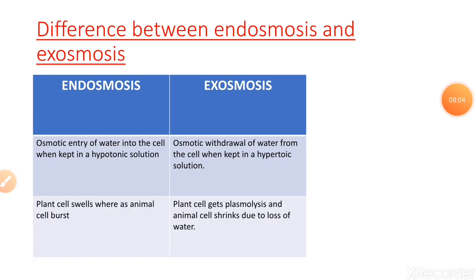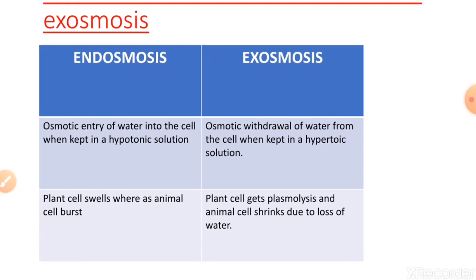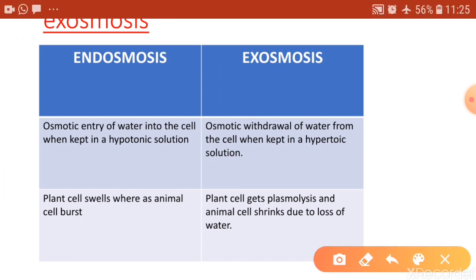Let us now differentiate between endosmosis and exosmosis. Endosmosis is the osmotic entry of water into the cell when it is placed in a hypotonic condition, whereas exosmosis is the osmotic withdrawal of water when the cell or the plant tissue is placed in a hypertonic solution.